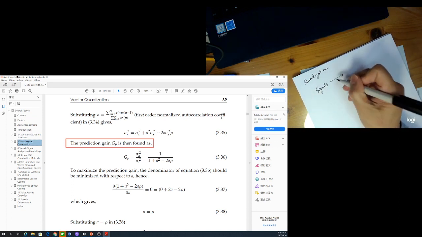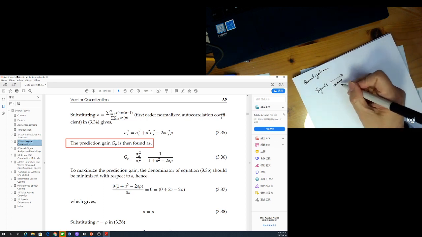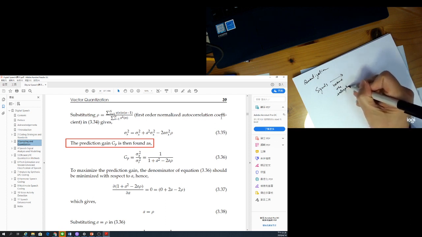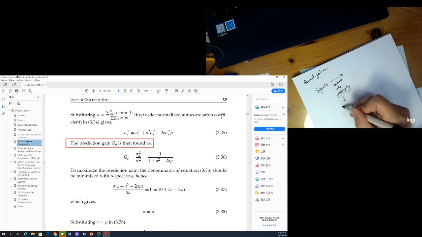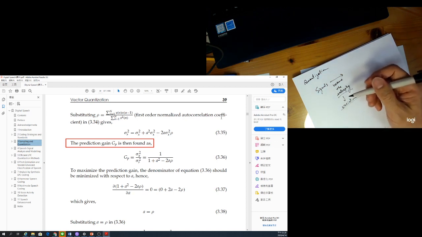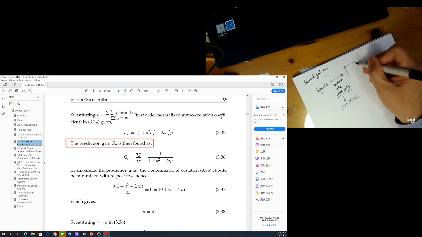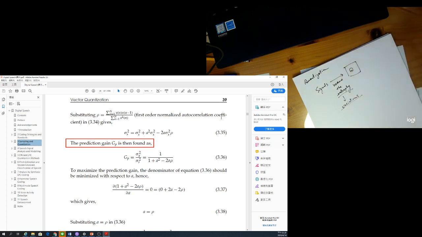We try to reduce the signal entropy, or in other words, reduce the signal variation and dynamic range, making it more consistent and simple. Later on we do the quantization. What does quantization mean?